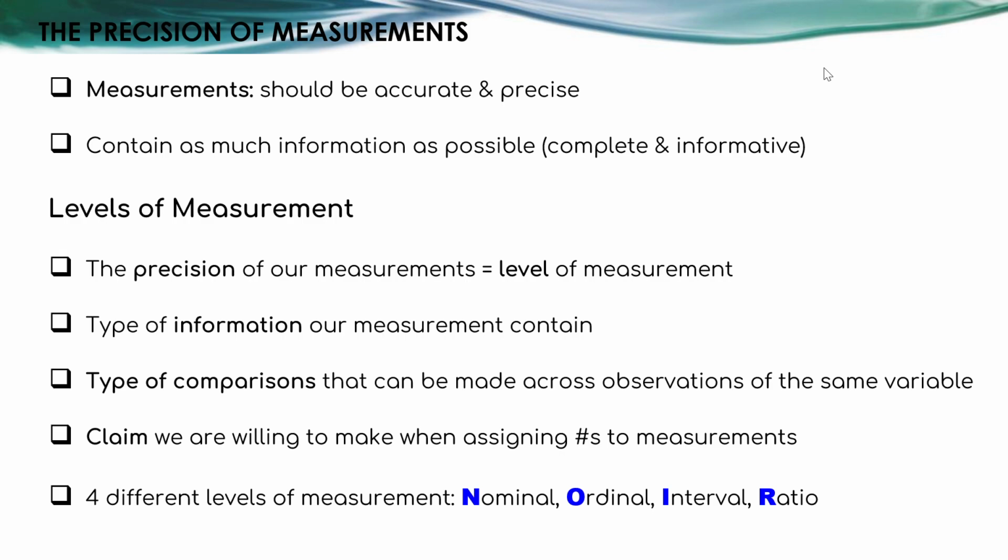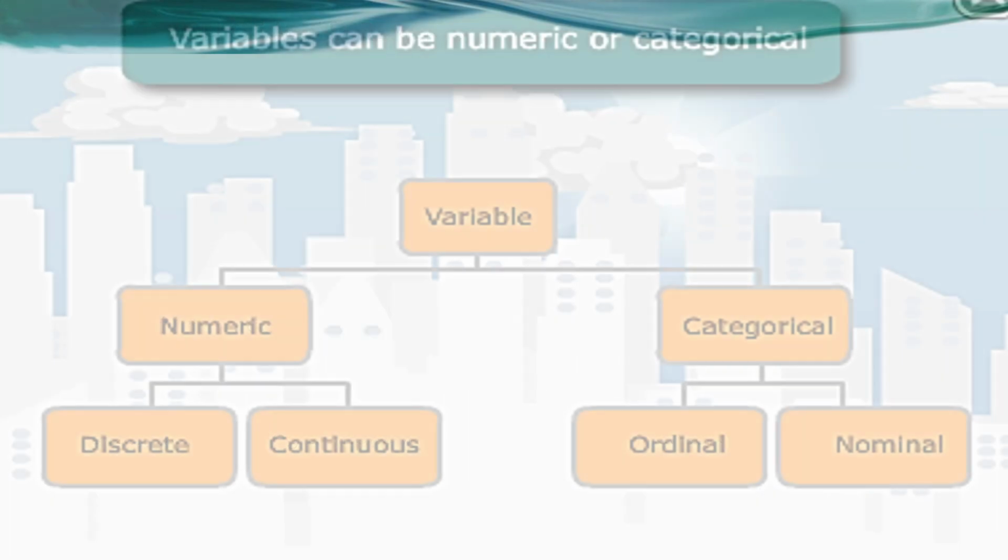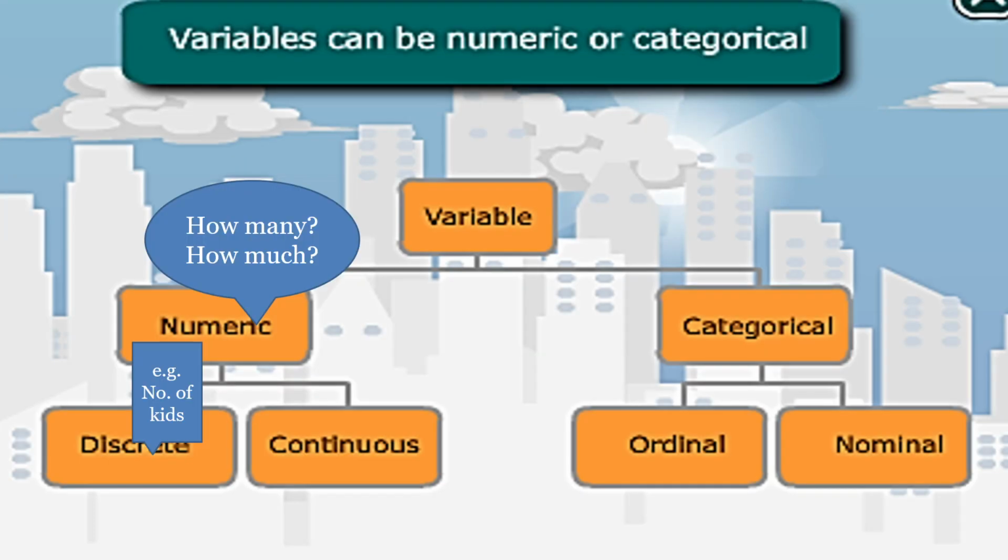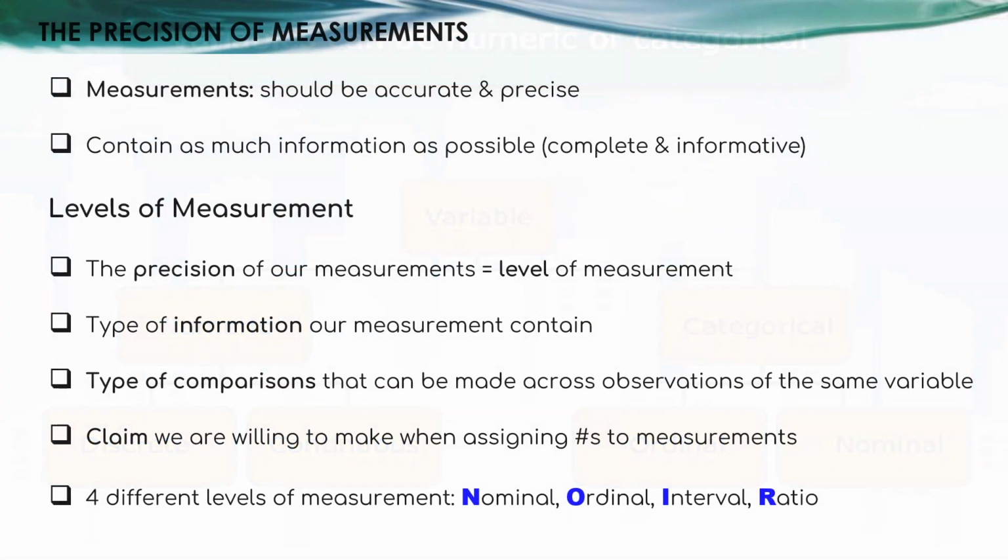Now, we shall be talking about the different levels of measurement, but for starters, you'll find different definitions and descriptions. My favorite representation of the 4 levels of measurement is NOIR, which is French for black: nominal, ordinal, interval, and ratio.